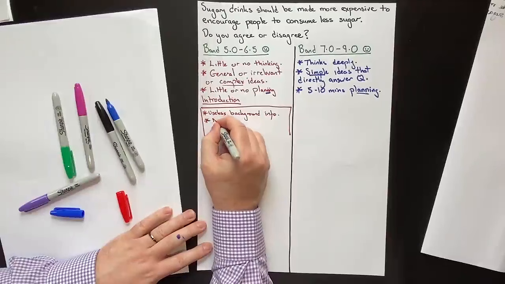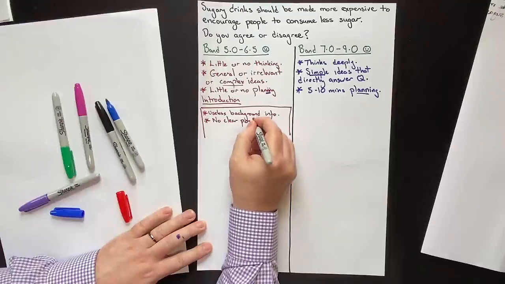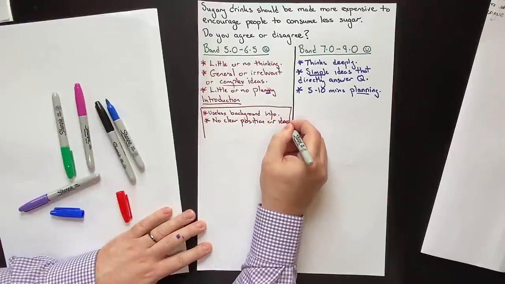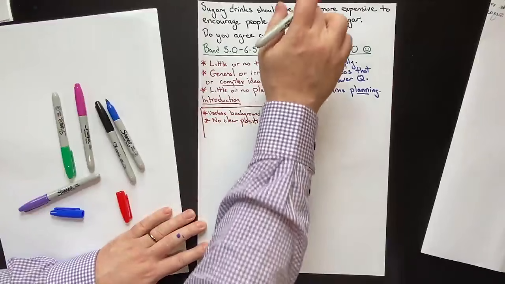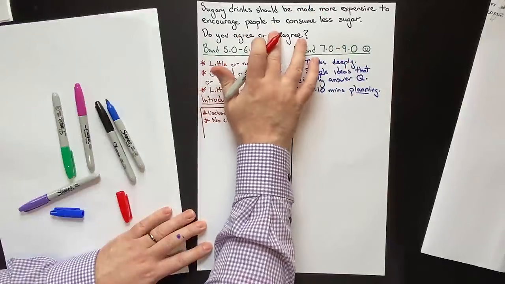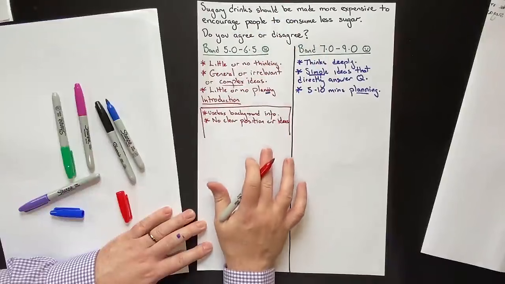Second thing they'll do is there's no clear position or ideas. It's not really clear from looking at their introduction what they think about the question. They don't really mention if they agree or disagree, and maybe if they do, they don't say why they agree or disagree.